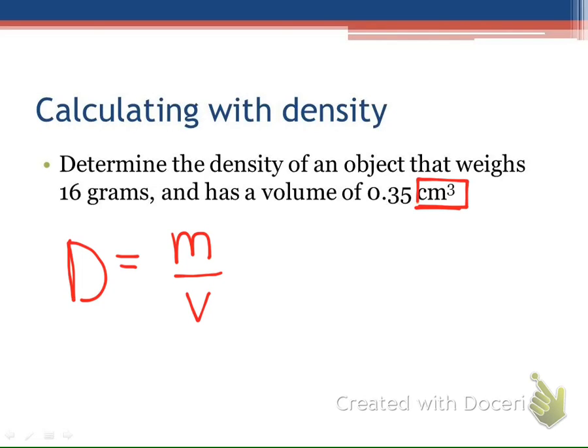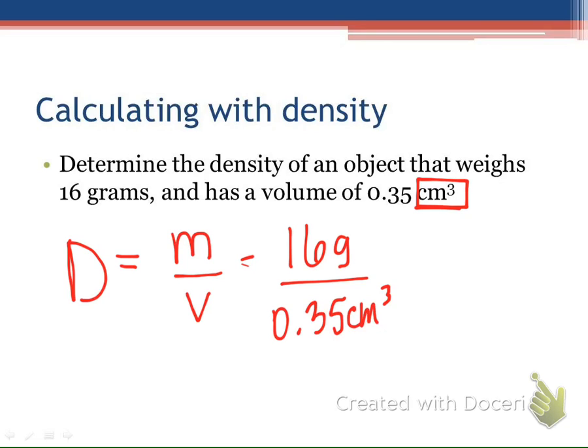Centimeters cubed is a volume unit, believe it or not, because centimeters cubed means we took length times width times height, which gives us a volume. Let's make sure we're taking a look at our significant figures when we're calculating our final answer here. So mass is equal to 16 grams. Volume is 0.35 centimeters cubed, or cubic centimeters.